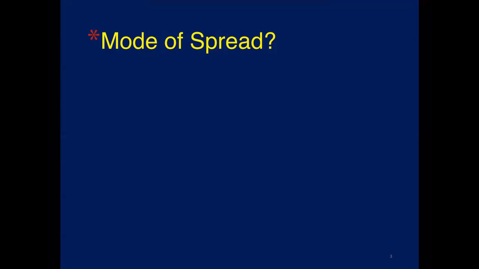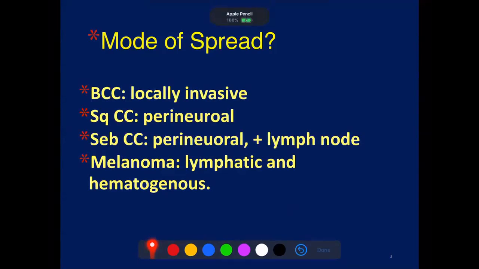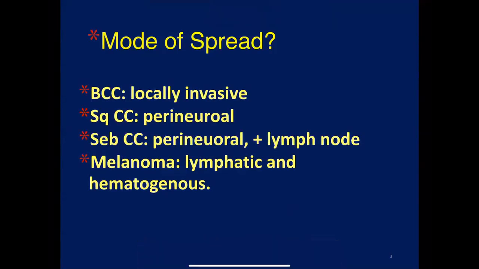Sebaceous cell carcinoma is the same, and melanoma the same. To be more specific, basal cell carcinoma is locally invasive, squamous cell carcinoma is perineural, sebaceous is perineural and lymph node, but I would concentrate more on the lymph node. Melanoma is more hazardous because it has a tendency to spread through the blood.